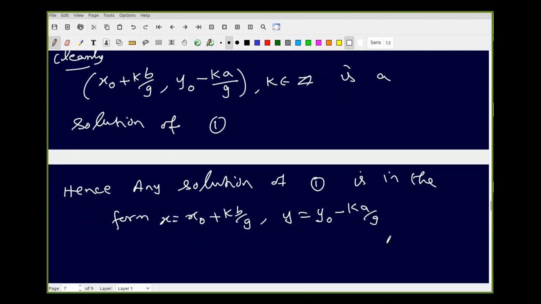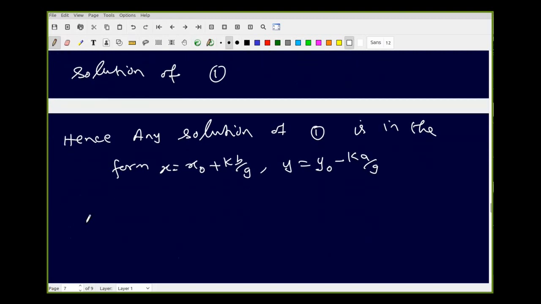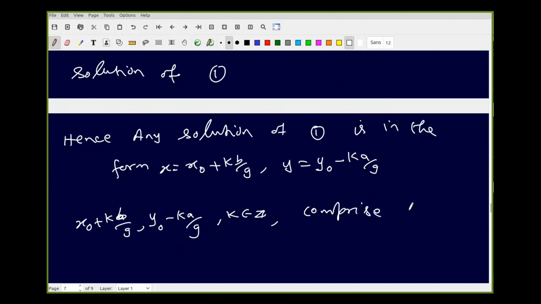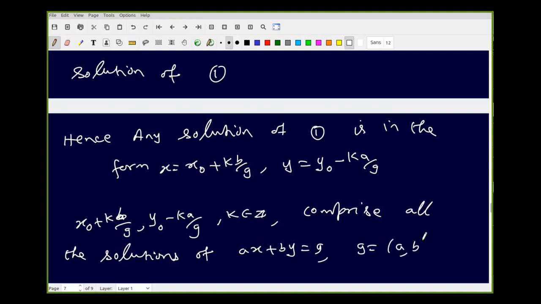So this set comprises all possible solutions: (x₀ + k b/g, y₀ − k a/g), k integers. They comprise all the solutions of ax + by = g, where g is the GCD of a and b.